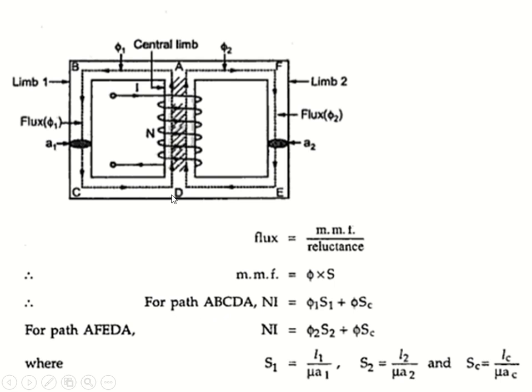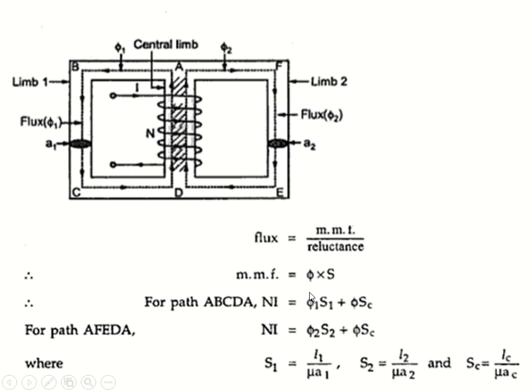This is one closed path. Either you can take this path or you can take this path. For the first path, the MMF equation is Ni equals phi into SC plus phi 1 into S1. And in the second path, the MMF equation is Ni equals phi into SC plus phi 2 into S2.